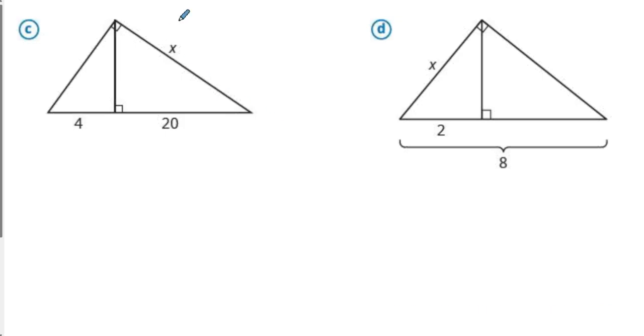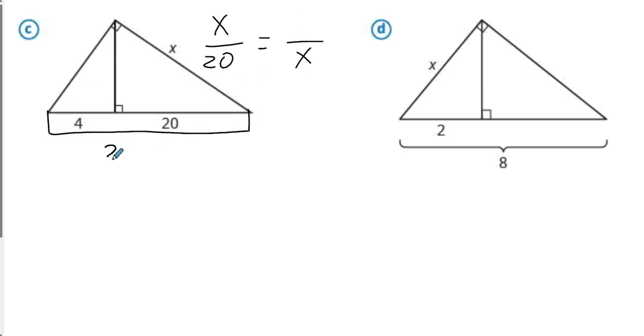Okay, I don't have the altitude, so I wouldn't use the previous theorem. I'd use the new one, and this side is used twice. So it's going to be X over a number equals that number over X. It's X over 20, and then it's not 4, it's going to be the whole thing.